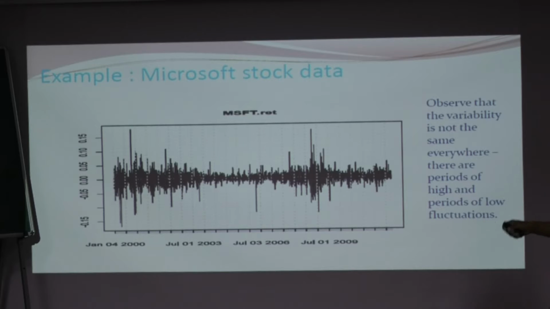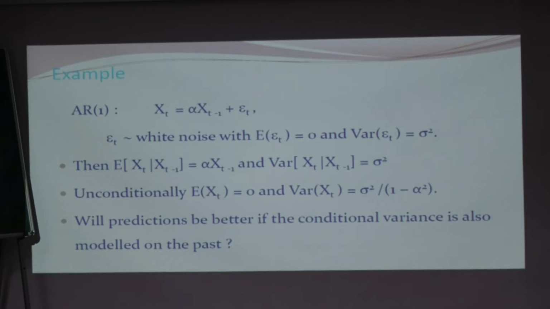In normal times, the fluctuations would be much less. So we cannot really assume that the variance is constant. You see, the mean level is the same, so we can assume that it's mean stationary, but it's no longer variance stationary. So can we model this? That was the question that was posed.